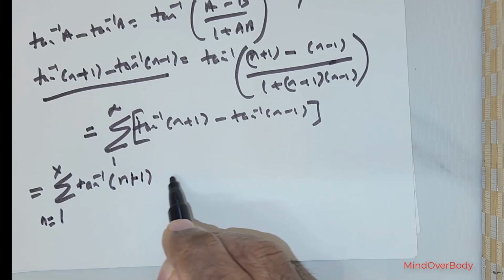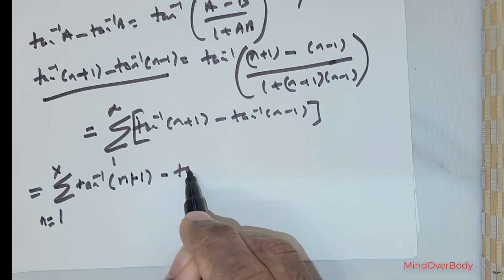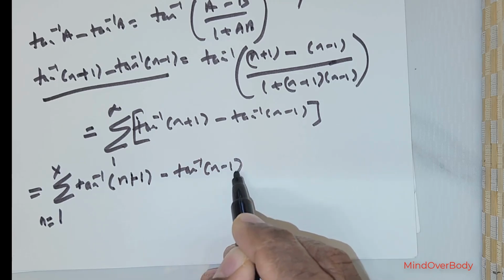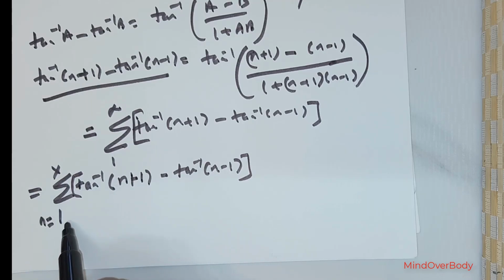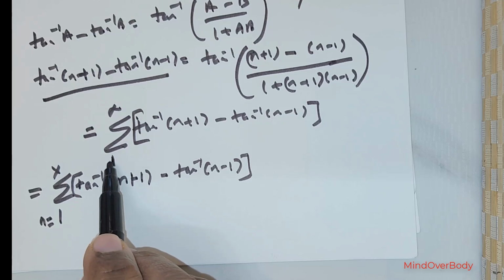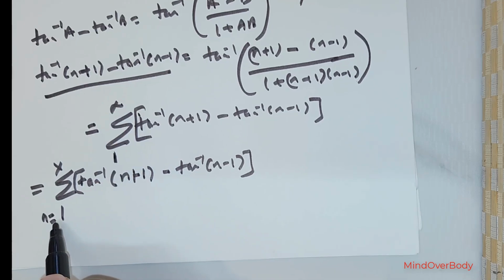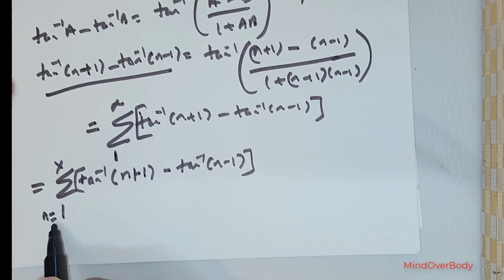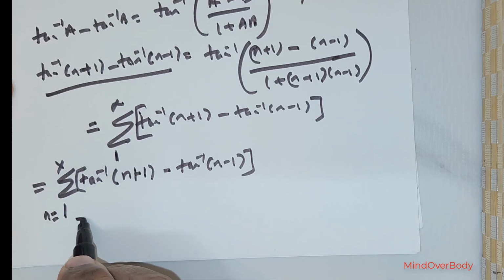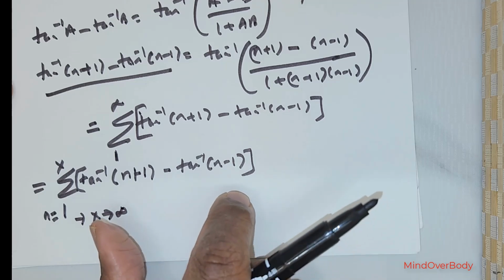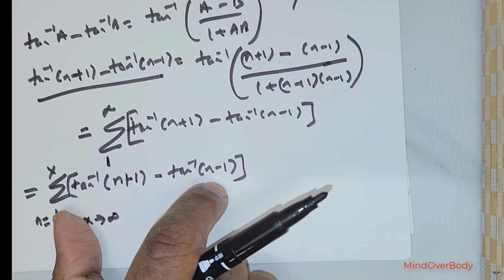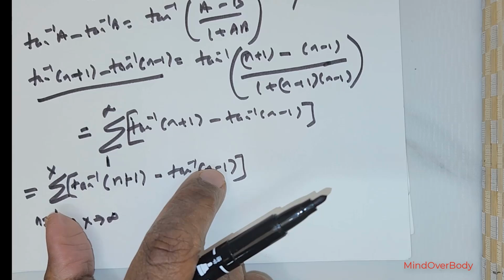Over here it was initially n from 1 to infinity. Over here I'm introducing a variable x, n is equal to 1 to x, such that x is tending to infinity. Okay, now further I would like to rewrite this quantity.